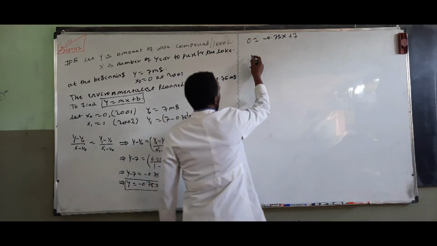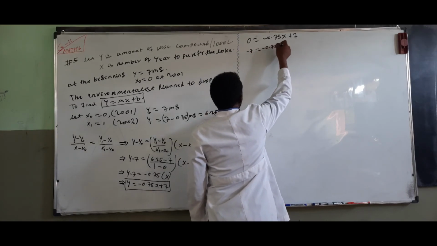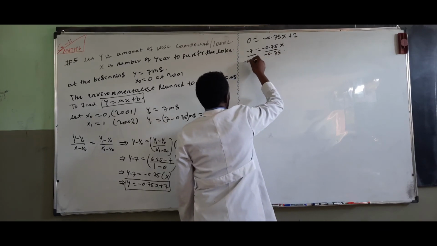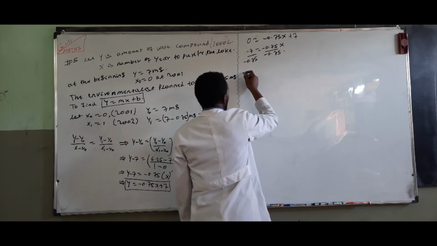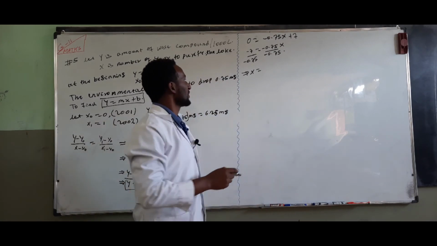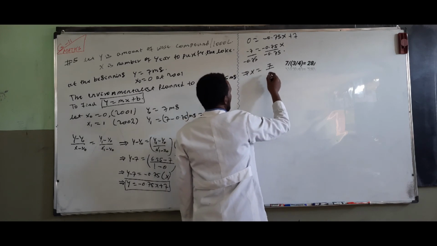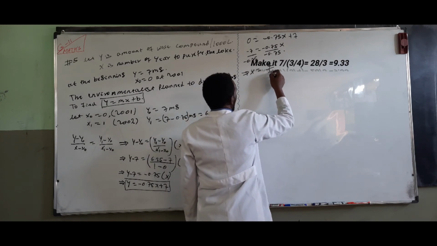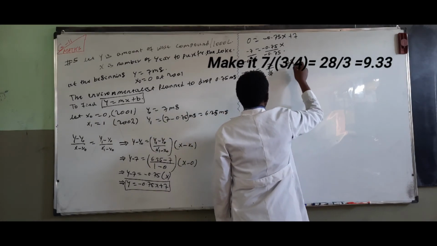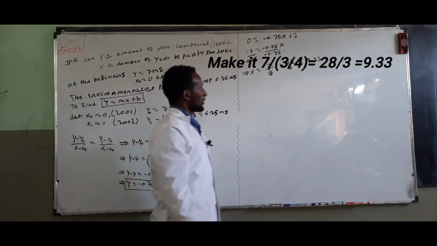Then we can say that negative 7 is equal to negative 0.75x, dividing by negative 0.75 on both sides. This implies that x is equal to 7 over 3 over 4, which is equal to 28 over 3, which is 9.33.